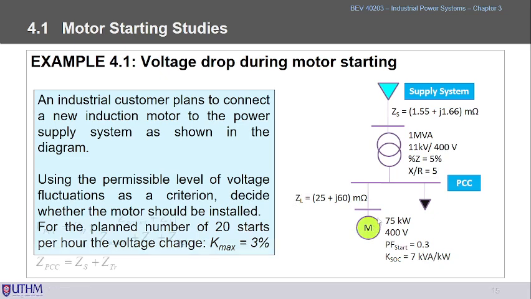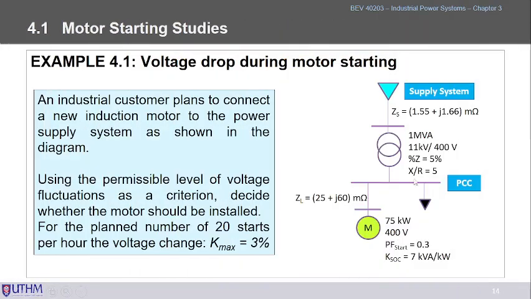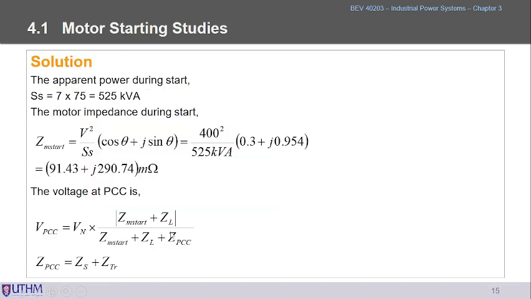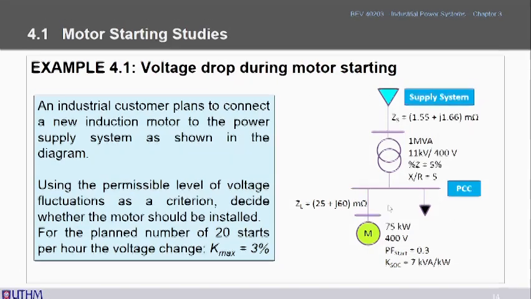Okay, and we need to compare it with the ZPCC. ZPCC is the impedance before the PCC, which is the ZS plus the Z transformer. So that is the ZPCC. Then we multiply with the Vn. Vn is 400, as stated here, 400 volts.